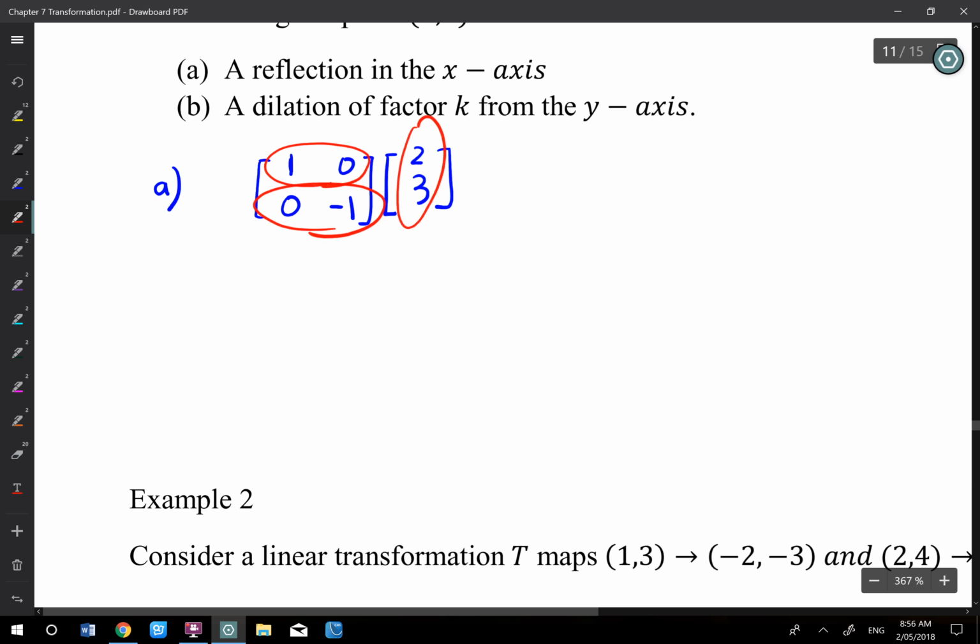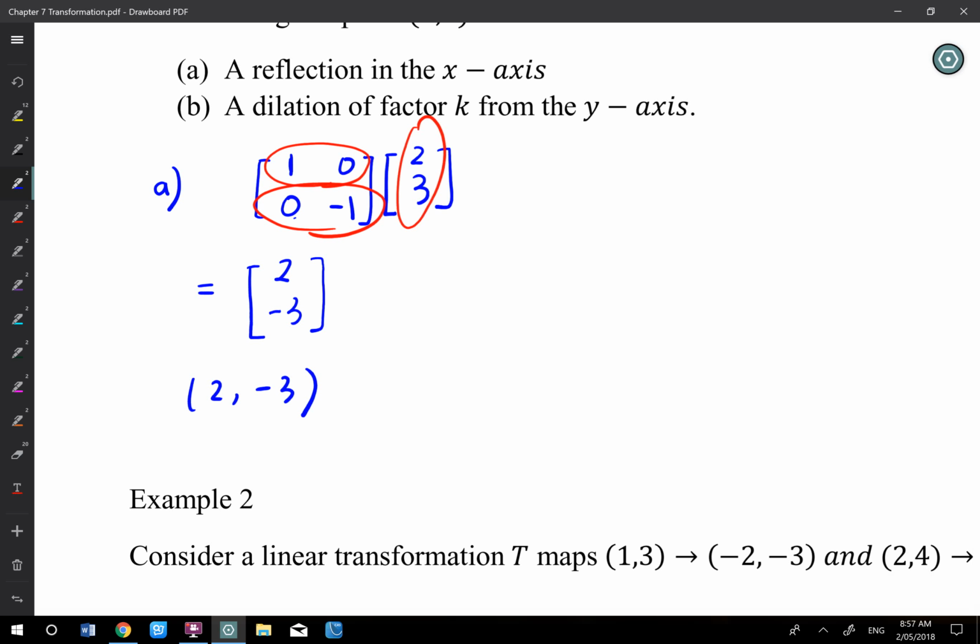The row and the column. 1 times 2 gives 2, 0 times 3 becomes 0. Second, 0 times 2 is 0, -1 times 3 is -3. So the point after transformation is 2, -3. Top is the x value, bottom is the y value.